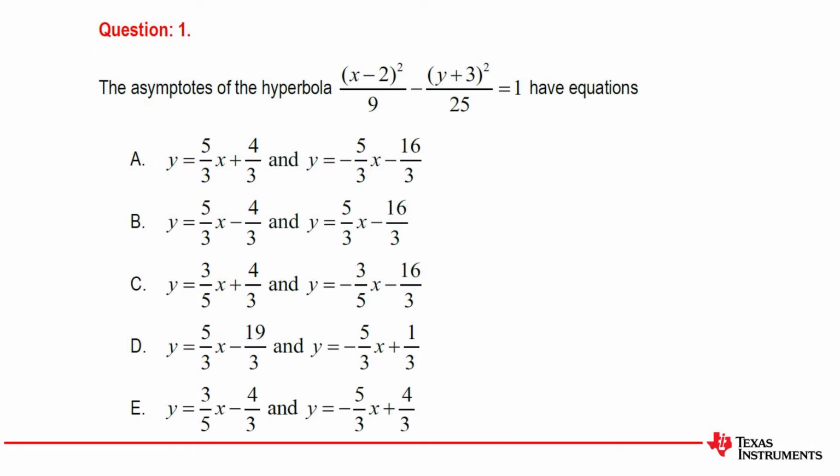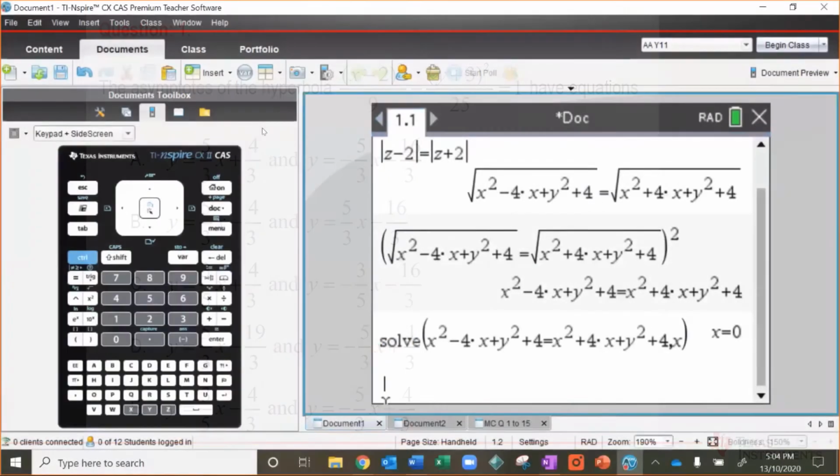It is asking for the asymptotes of the hyperbola (x minus 2) squared on 9 minus (y plus 3) squared on 25 equals 1. Again, the calculator will do this question for us easily.